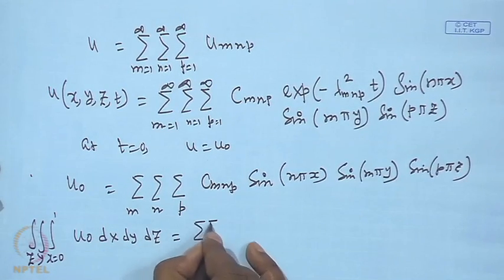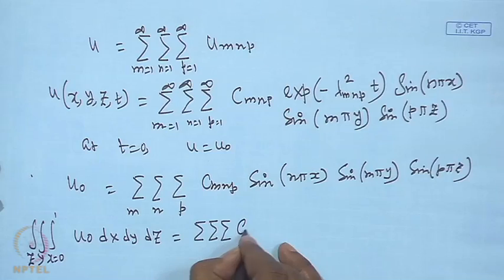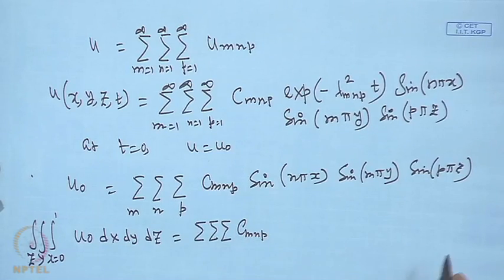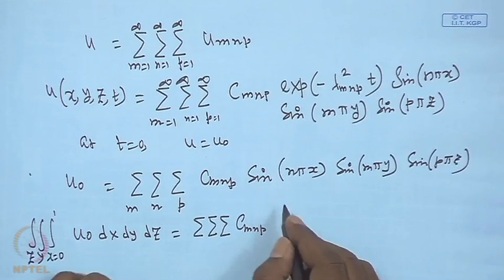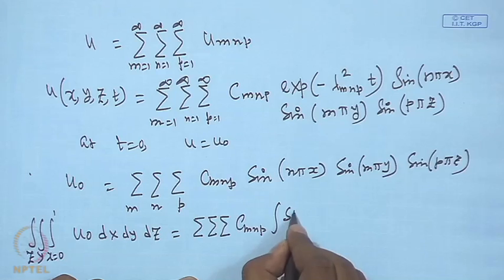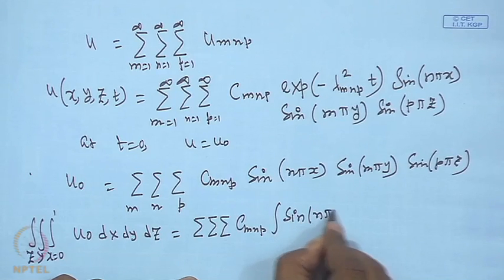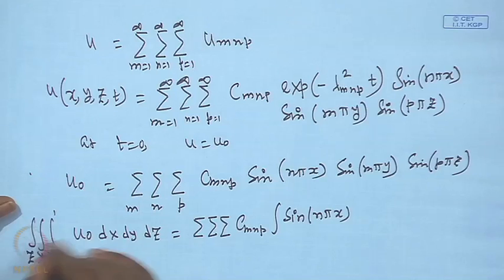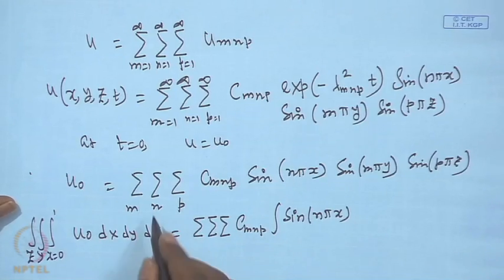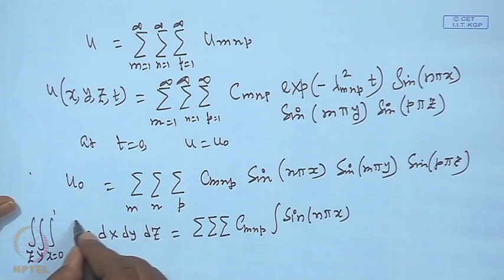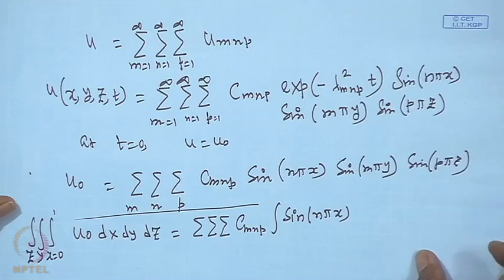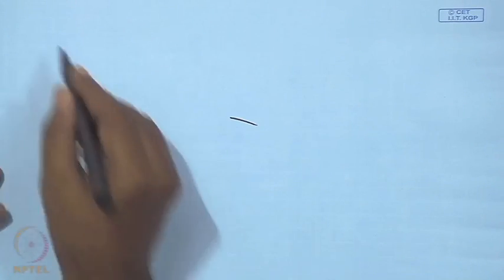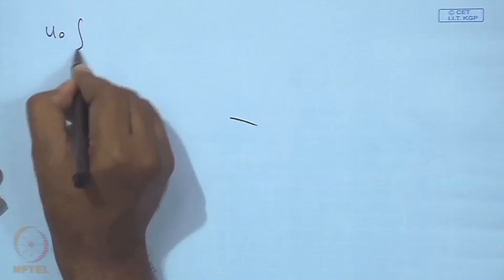This will be triple summation C m n p, integral sin n pi x, multiplied by sin all this. I will just write it on the next page, that will be more convenient. So, u naught is constant, it will be taken out.